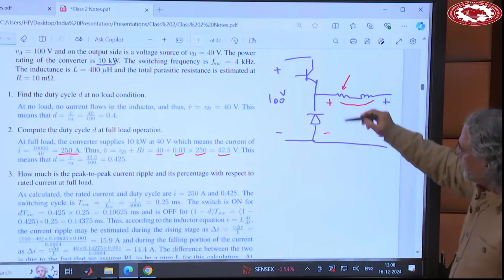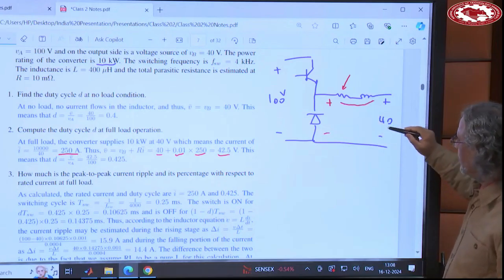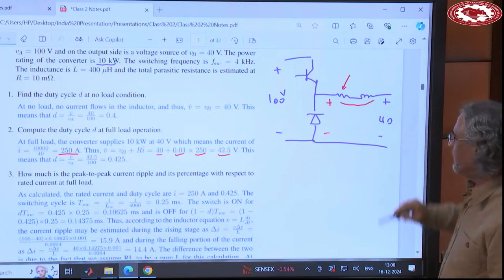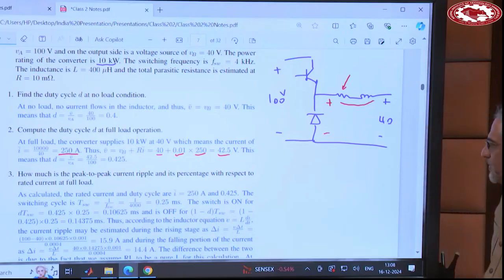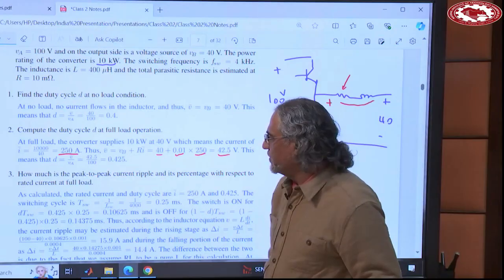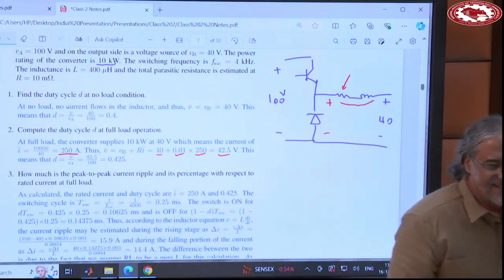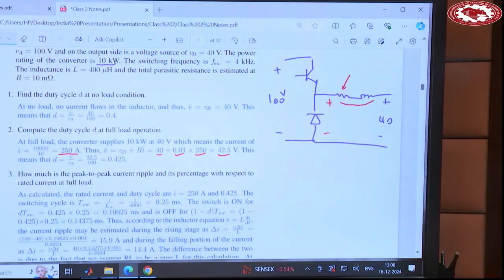So now I need to have 42.5 volts here and 40 here to transfer 10 kilowatt. So my duty cycle will be 42.5 divided by 100, which is 0.425. Okay. So the entire range of operation of the duty cycle is between 0.4 to 0.425.